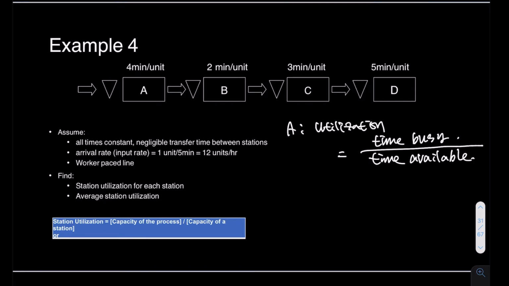So for station A in the previous table, what we observed is that the materials are coming in every 5 minutes. Why? Because the arrival rate is given as 5 minutes, right? So the available time to work on one unit is 5 minutes. Does it make sense?